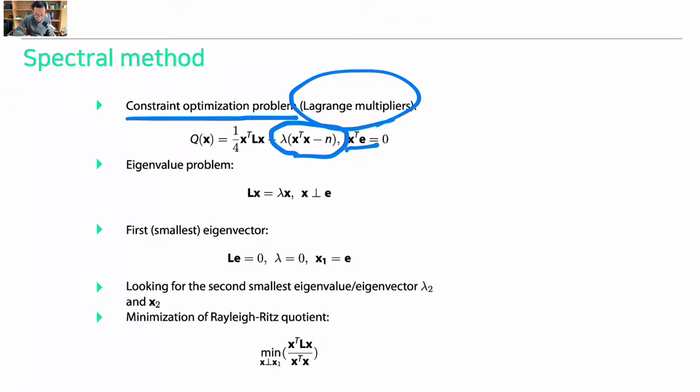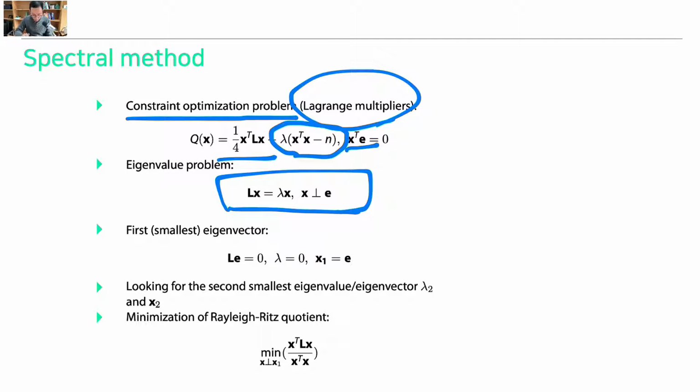The formulation itself is, so this shows the eigenvector eigenvalue problem. So x becomes the eigenvector and lambda becomes the eigenvalue.